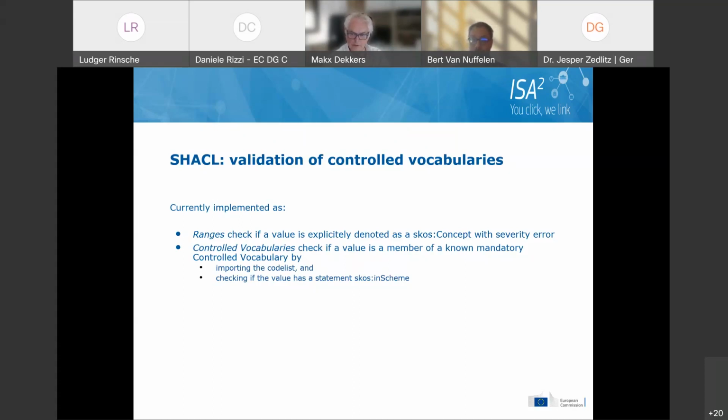Ludger said that the SPDX vocabulary doesn't fulfill these rules. Yeah, that depends. We have to see for every element, but this is the base principle that is implemented so far. Some controlled vocabularies we cannot download, therefore there's no validation available for them.